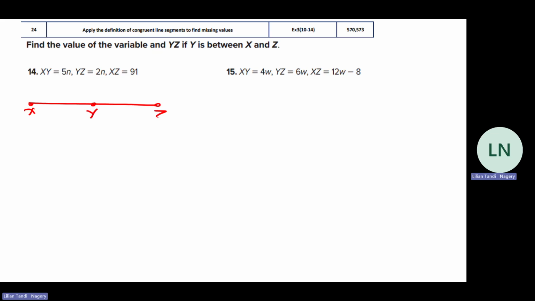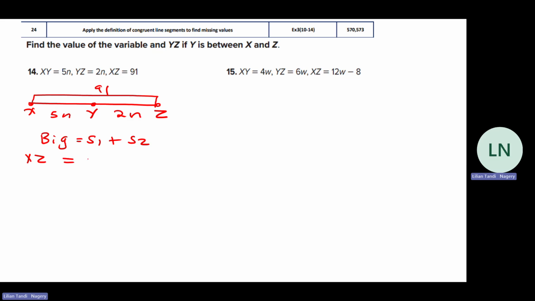X, Y, Z. XY is 5n. YZ is 2n. From here to here is 91. So, what do I write? Big equals small 1 plus small 2.